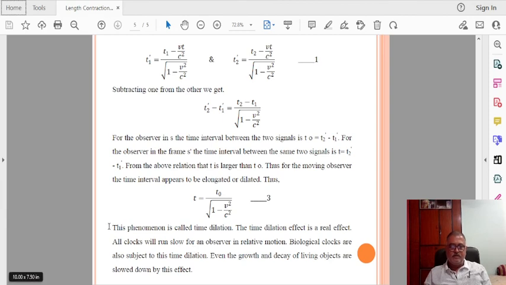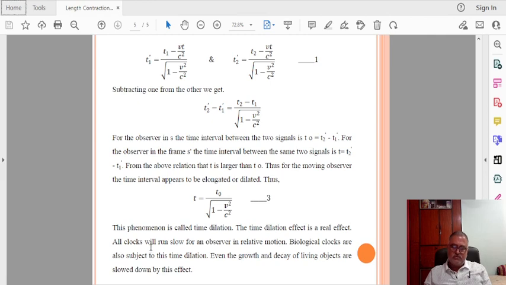In conclusion, what we have derived up to here is known as time dilation. The time dilation effect is a real effect.